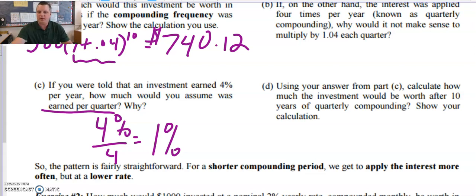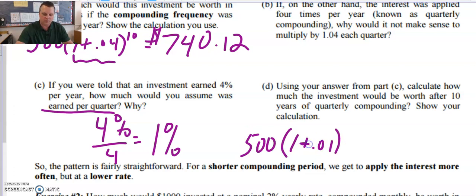So what would happen here is if we're using our formula and we want to find out how much it's worth after 10 years of compounding quarterly. So what that is, it's your 500.01. So there's your 0.01.